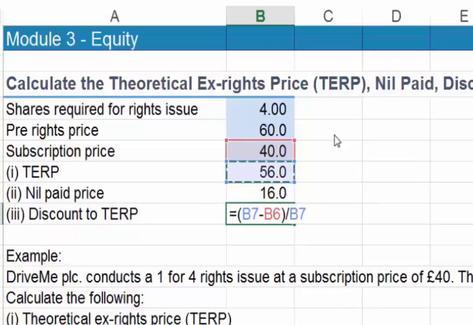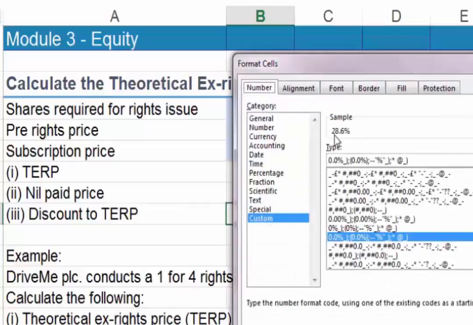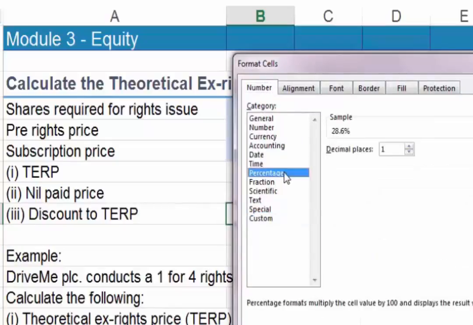So divide that by B7, which is the TERP we calculated, and you should get, it's already pre-formatted in percentage, 28.6%. Remember, if you wanted to change formatting, just go to the cell, Control 1. I've got custom formatting, but you could do it in percentage to 1 decimal point, exactly the same thing, or you could play with that as well.